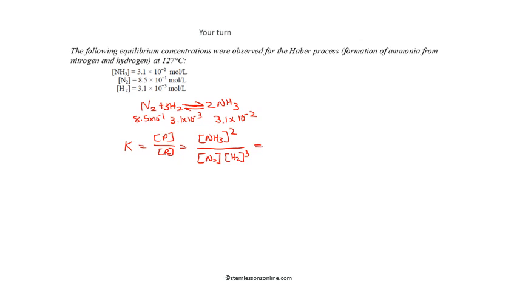And now just plug in the numbers. For ammonia it is 3.1 times 10 to the power negative 2 to the power 2, divided by concentration of nitrogen is 8.5 times 10 to the power negative 1, and for hydrogen it is 3.1 times 10 to the power negative 3 to the power 3.